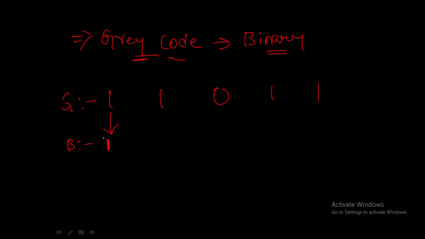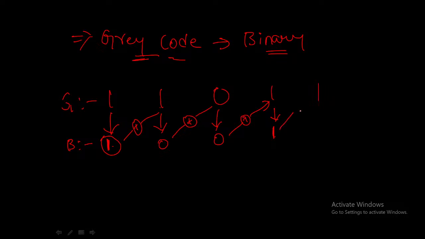The binary MSB will be XORed with the second bit of the gray code, and the result is stored in the binary. So 1 XOR 1 is 0, 0 XOR 0 is 0, 0 XOR 1 is 1, and 1 XOR 1 is 0.